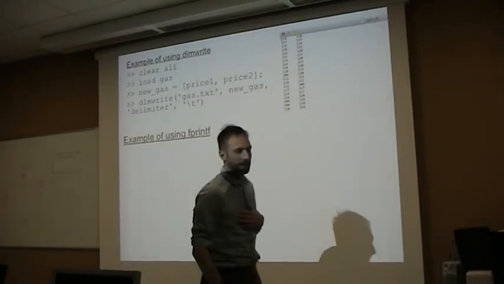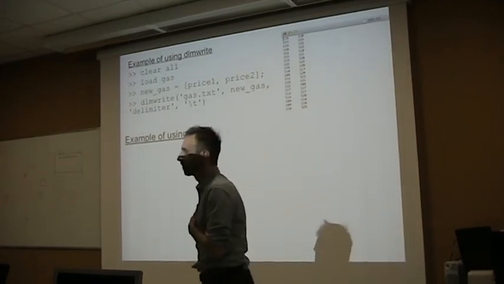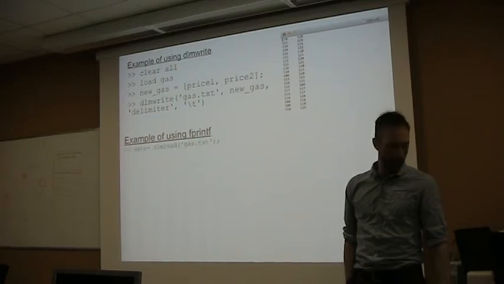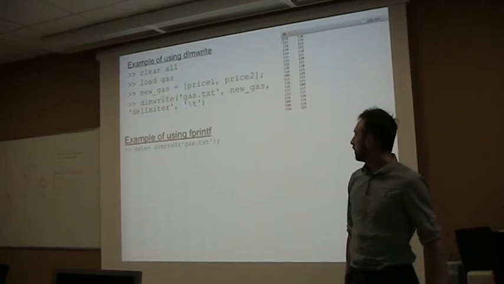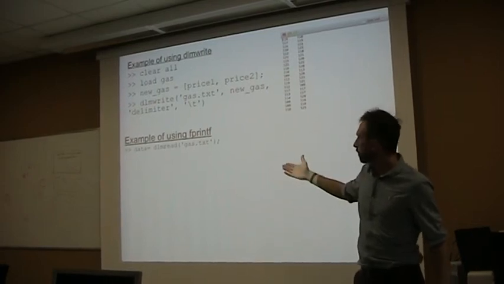I mean, I can give you the answer for sure afterwards, but I would say yes. And to read in that data, I would just use dlmread. So this is kind of easy.